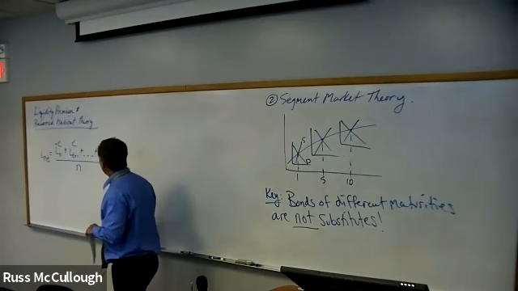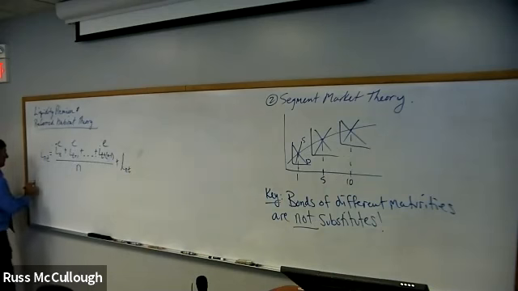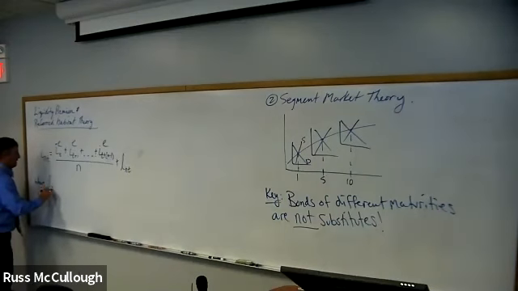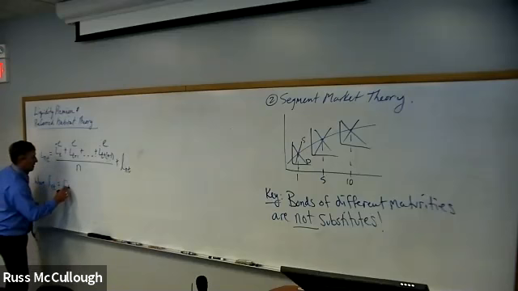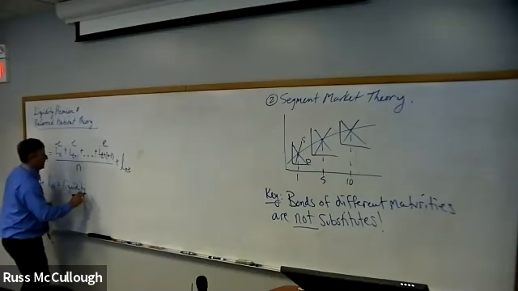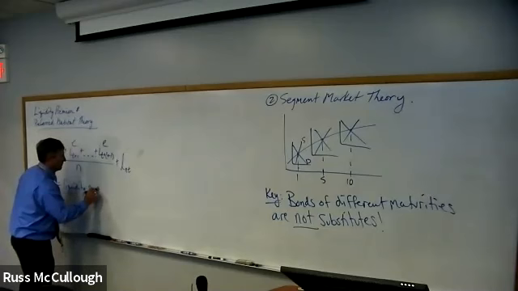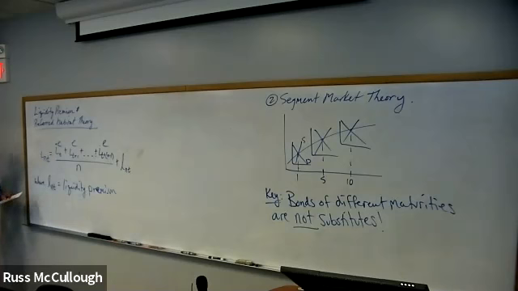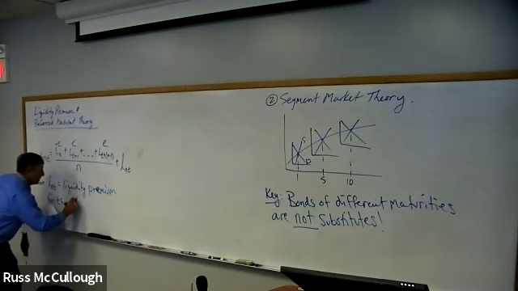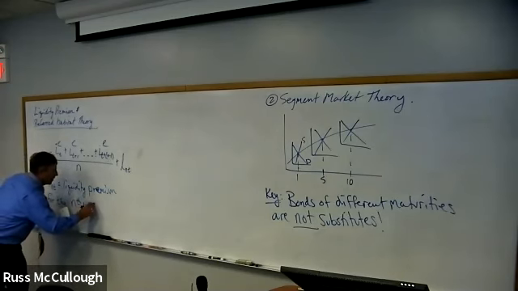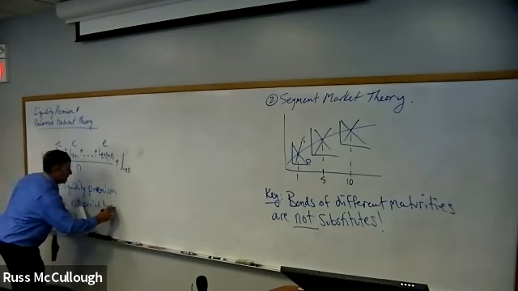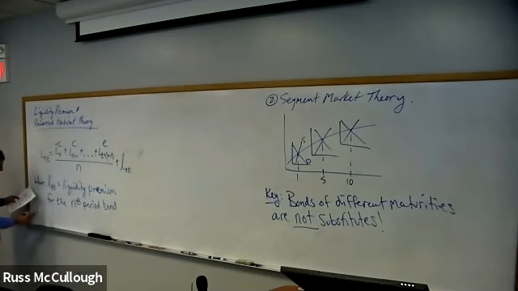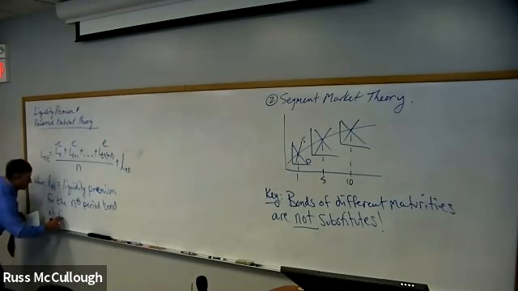This is the liquidity premium, where L_nt equals the liquidity premium for the nth period bond at time t.